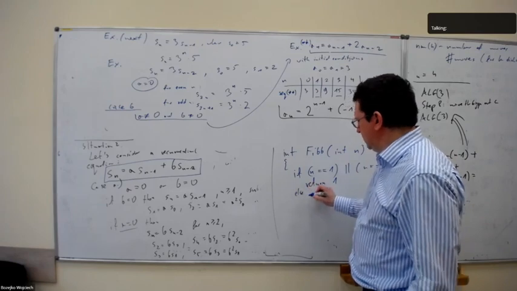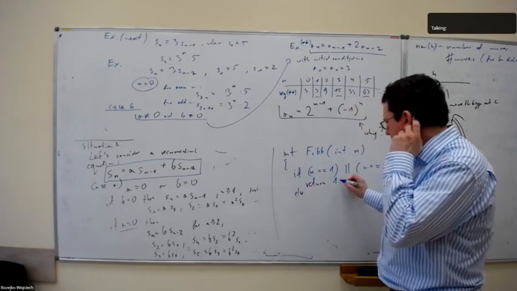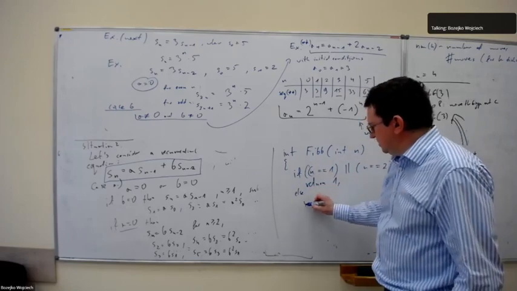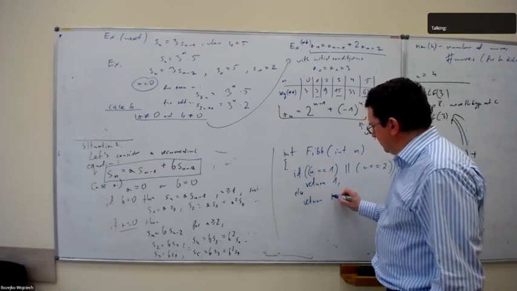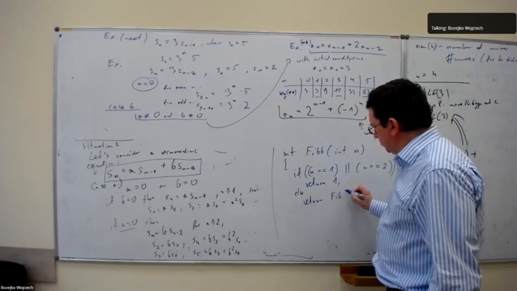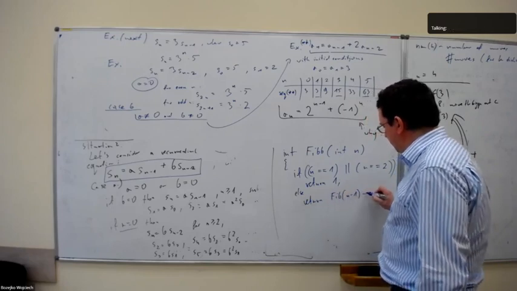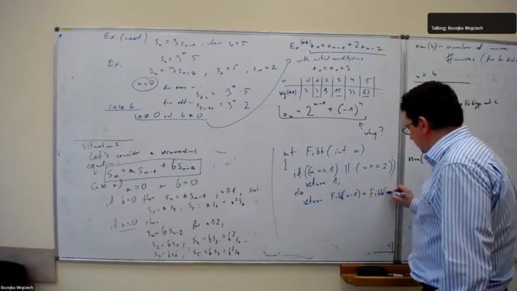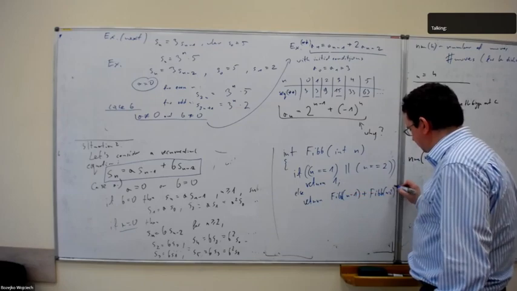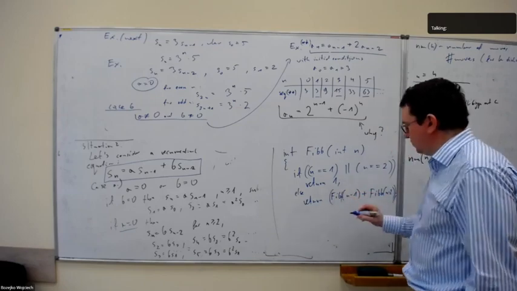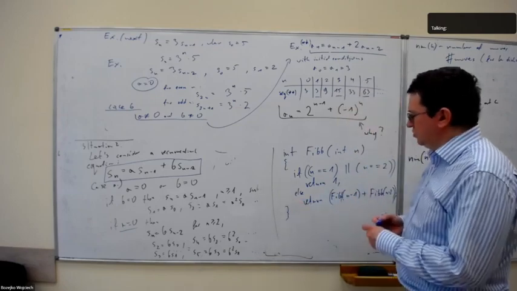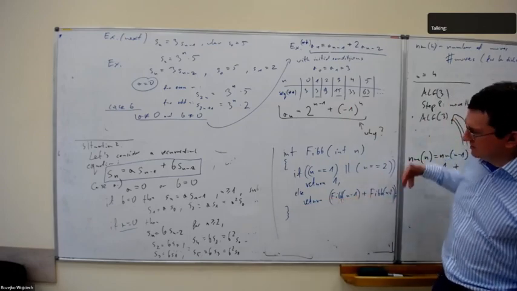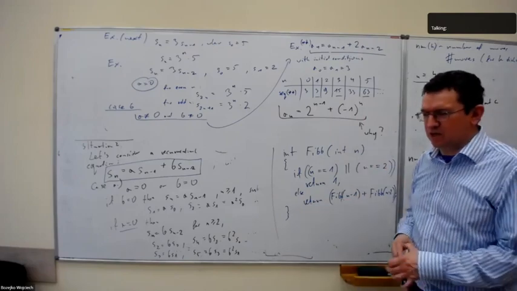Else, if we have something else, we just return Fibonacci of n minus 1 plus Fibonacci of n minus 2. So this is a recurrence. We just return this plus this, and inside we should calculate once again.